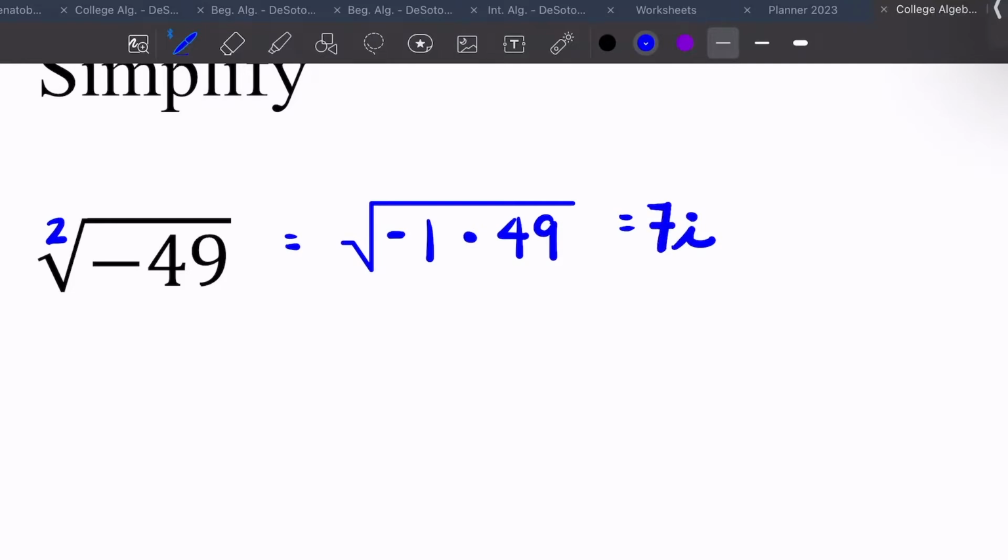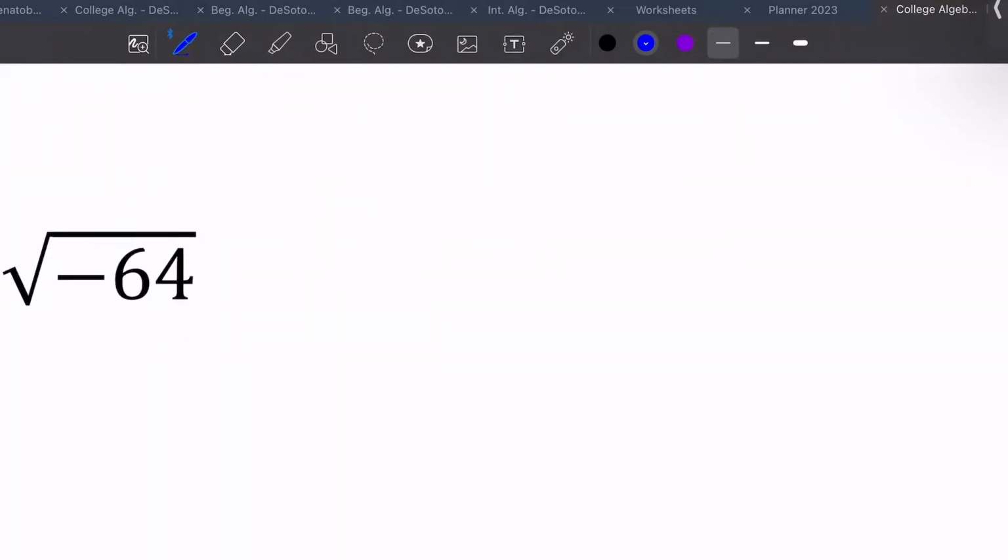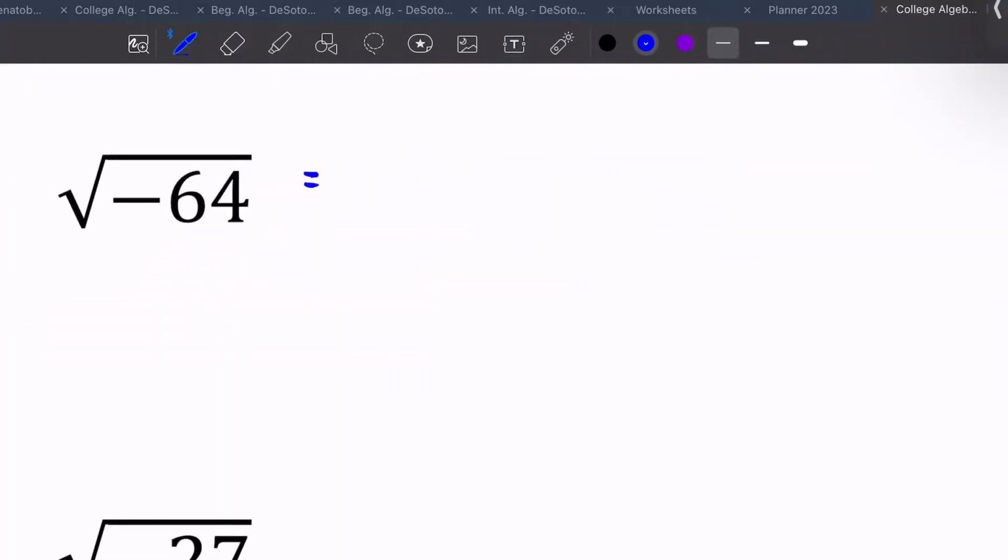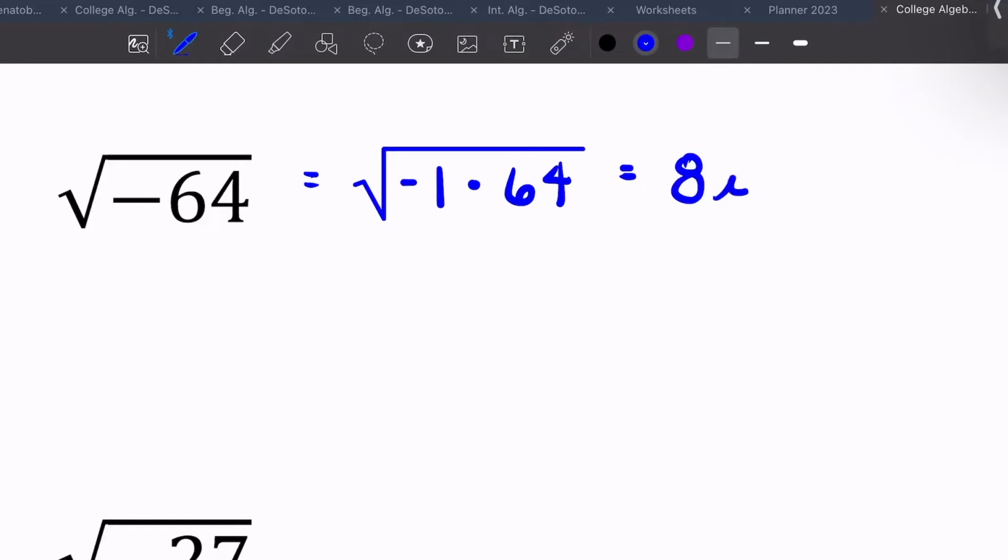So we can write this as 7i. Same thing here. We can write this as the square root of -1 times 64. Square root of 64 is 8. Square root of -1 is i.